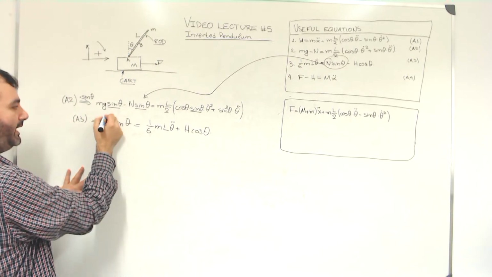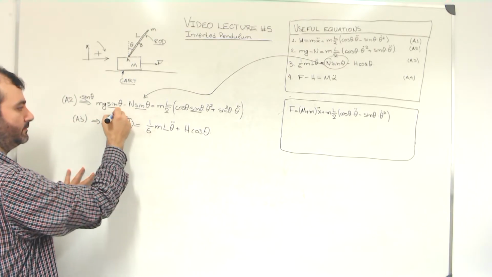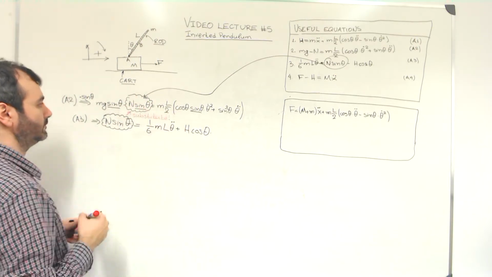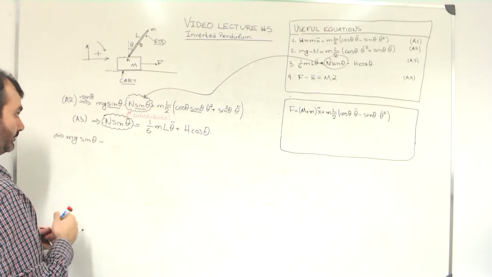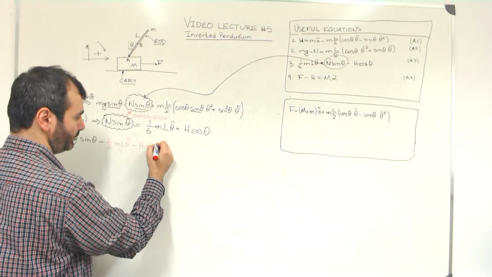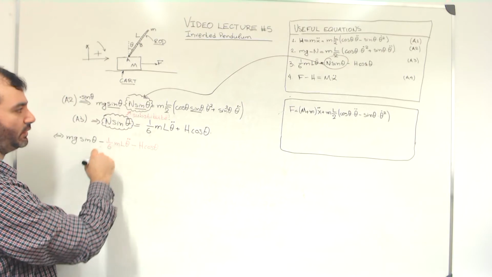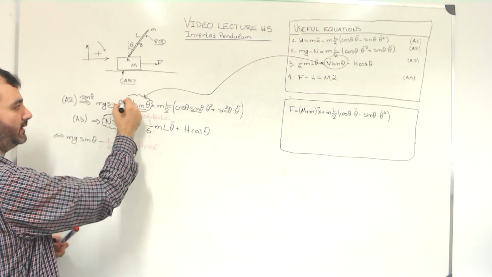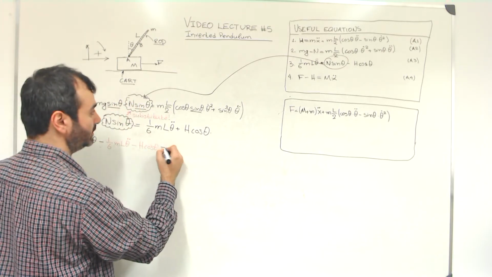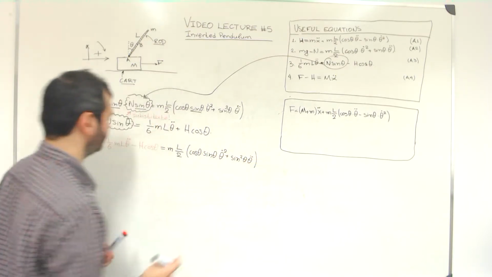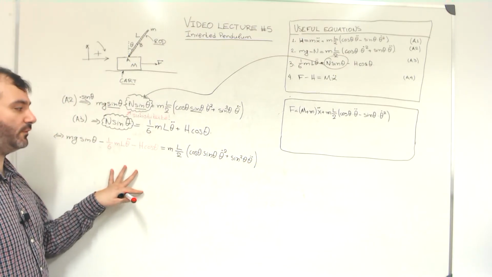So we have n sine theta here and here. Be careful with the signs when you do a lot of algebraic manipulations. And this is almost fine.